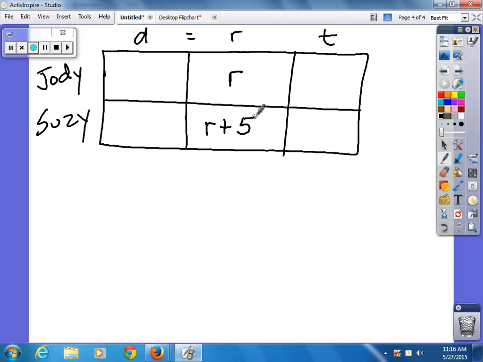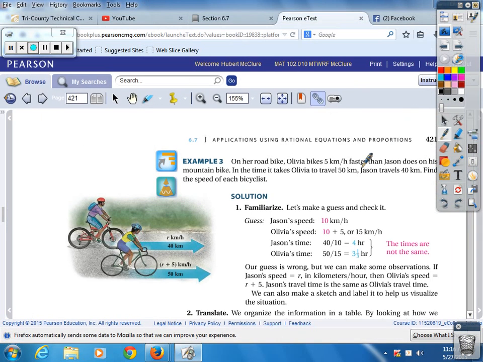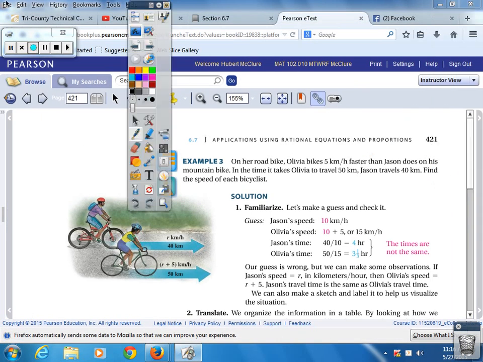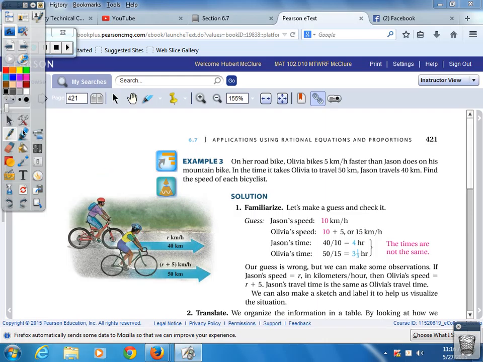So let's go back to the problem. What else does it say? Well, let's do this right quick. Let's take our handy dandy marker and let's mark out what we've just used. And we don't need to care about any of this. All right. In the time it takes Susie to travel, what?